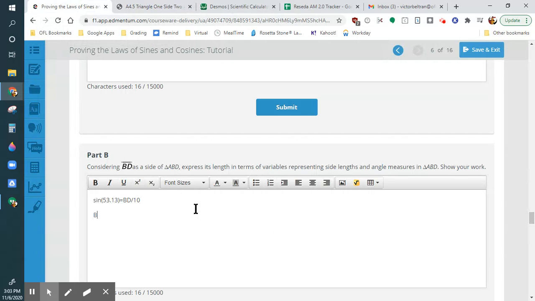So in other words, BD, equation editor. That was the word I was looking for. 10 times sine of 53.13. So in other words, BD equals, they want us to round. Oh, they just want us to use variables again.